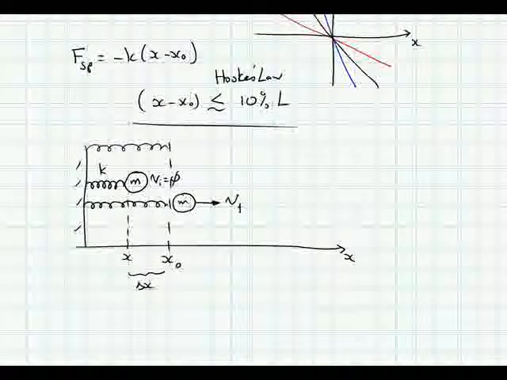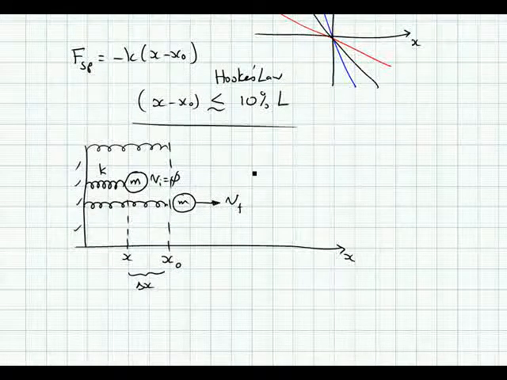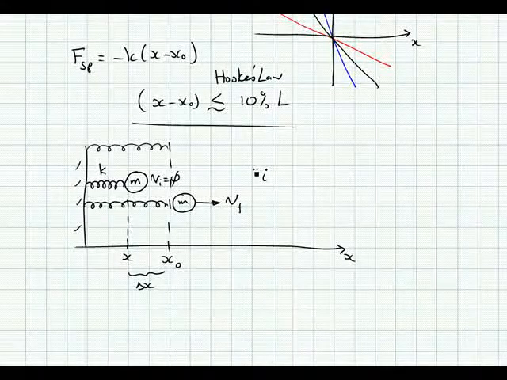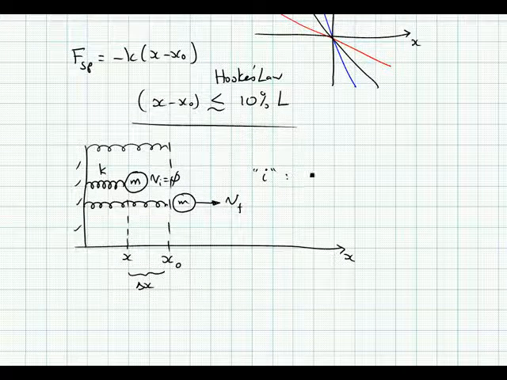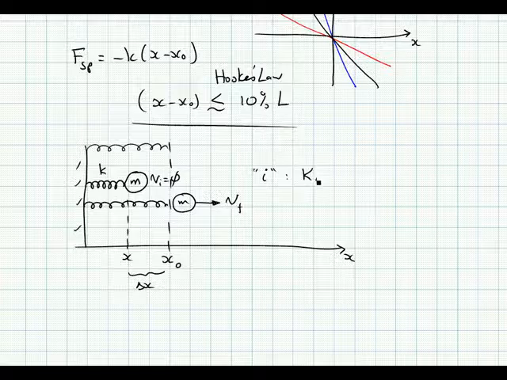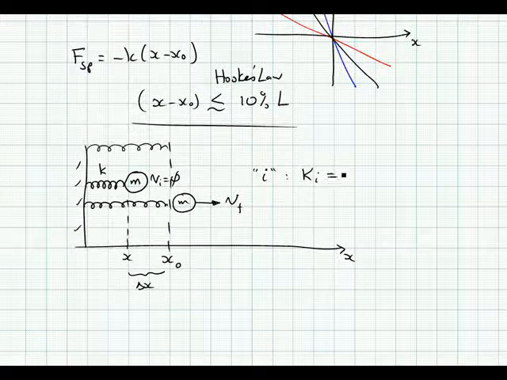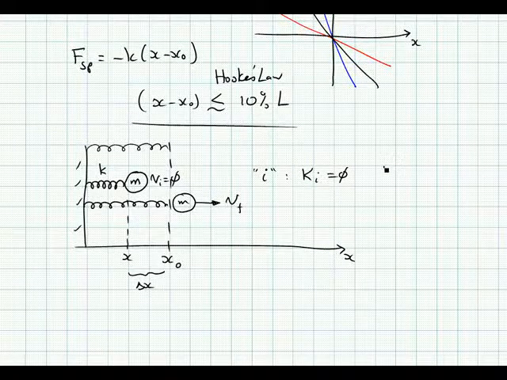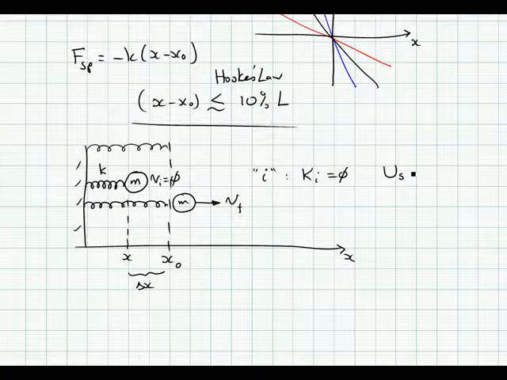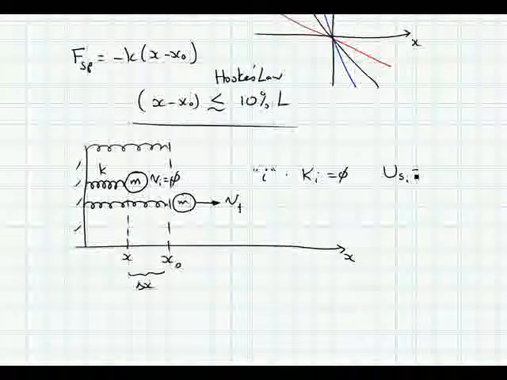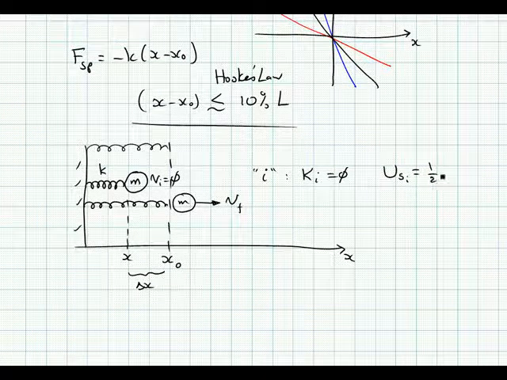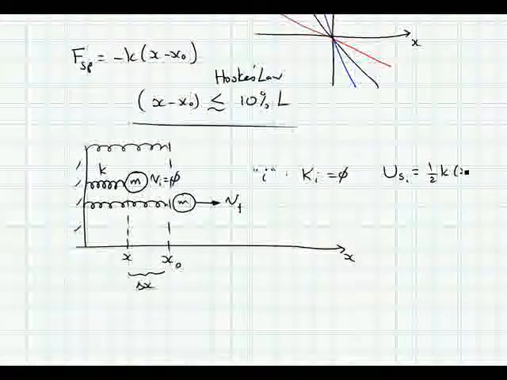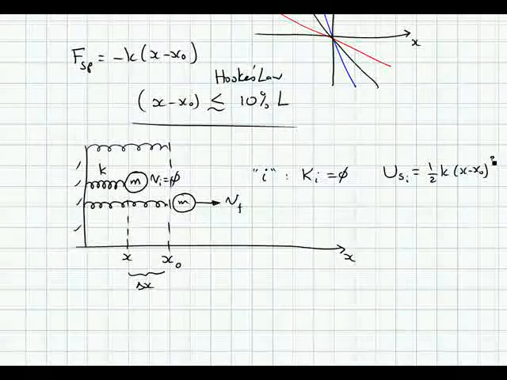Okay, so in our initial position we have kinetic energy initial, which is equal to 0 because our initial velocity is 0, and some spring potential energy initial, which is given by 1/2 of k (x minus x naught) squared.